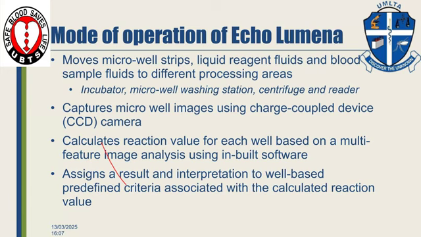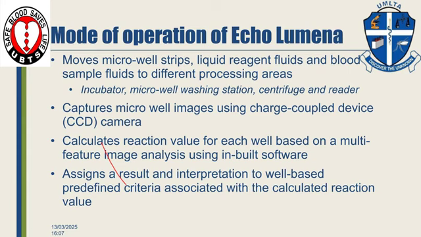Now, once the procedures have taken place, it captures the micro well images using the charge coupled device. In brief, it is called a CCD camera. Now, this device is able to change light into electrical signals which can be read, and that is what we are able to read on the screen.